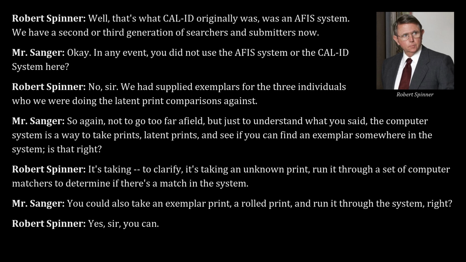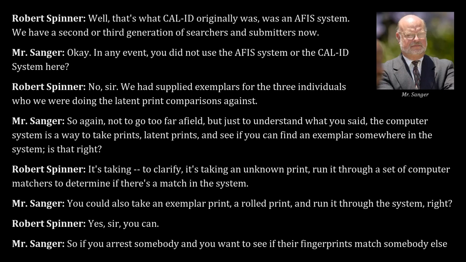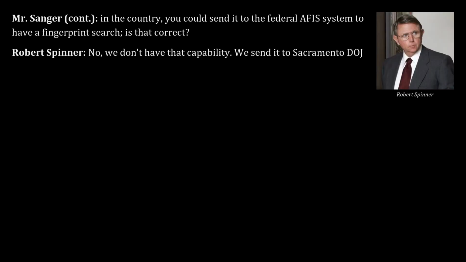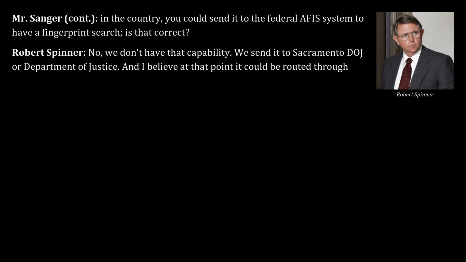Yes, sir, you can. So if you arrest somebody and you want to see if their fingerprints match somebody else in the country, you could send it to the federal AFIS system to have a fingerprint search. Is that correct? No, we don't have that capability. We send it to Sacramento DOJ, or Department of Justice. And I believe at that point it could be routed through the Department of Justice to the FBI IAFIS.